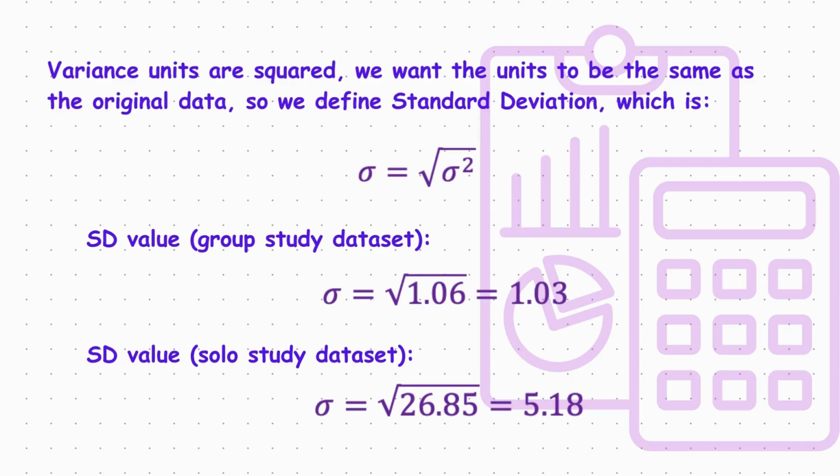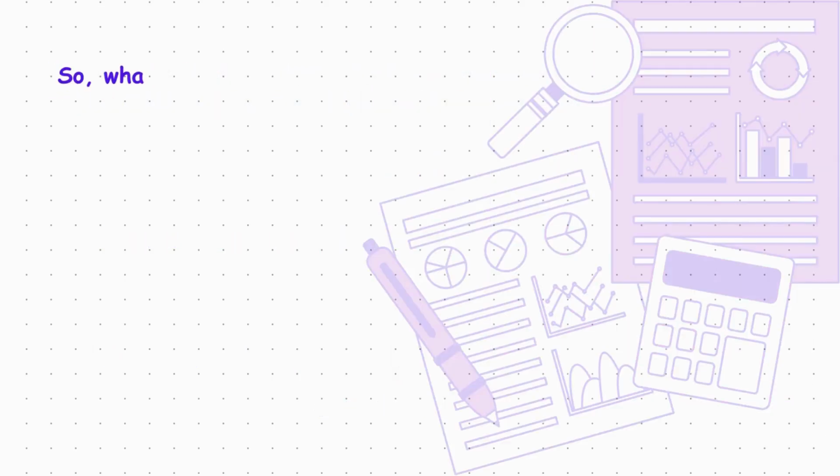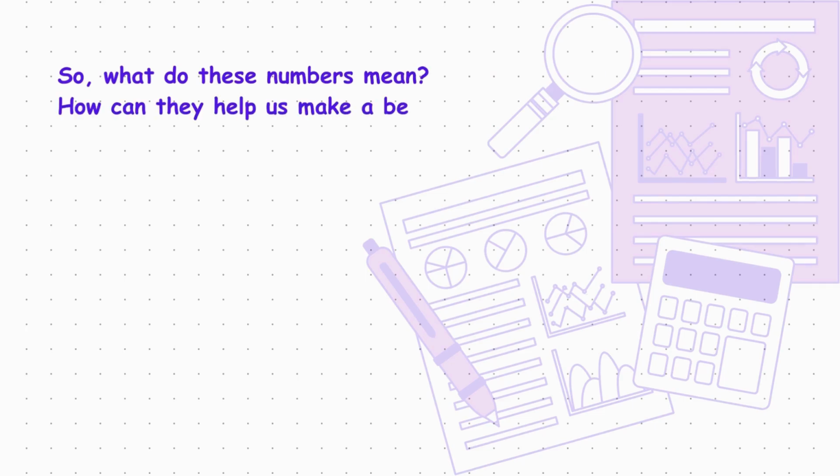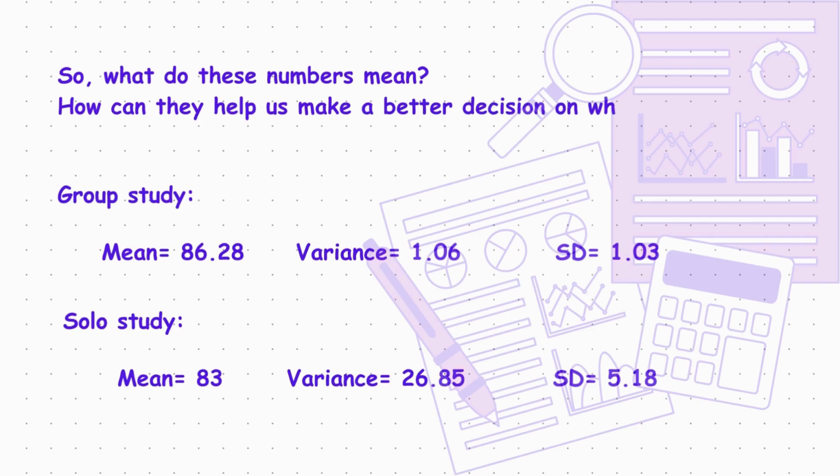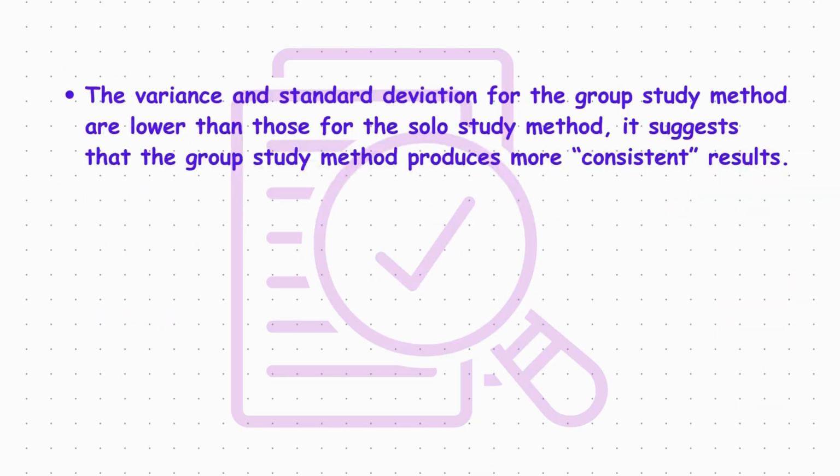Now, what is more important than calculating these values is to know what these numbers mean and how they can help us make a better decision on whether to study in a group or alone. The variance and standard deviation for the group study method are lower than those for the solo study method.